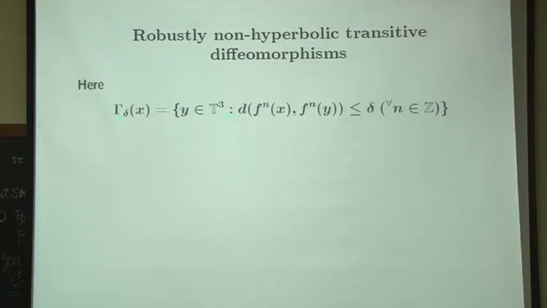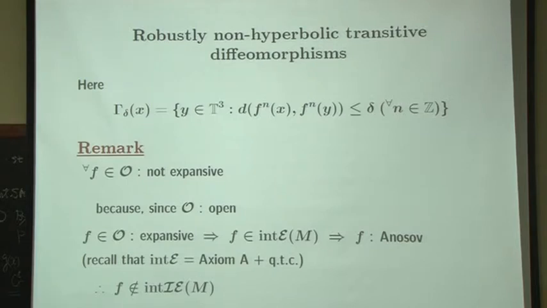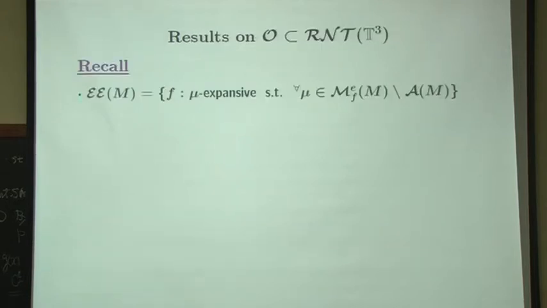Okay, and this is what I've drawn. This is the set of our target. Of course, everywhere, if this open set is not expansive. Not expansive. So, let me go forward. Recall that EE is the set of all diffeomorphisms that are mu expansive for any ergodic measure.